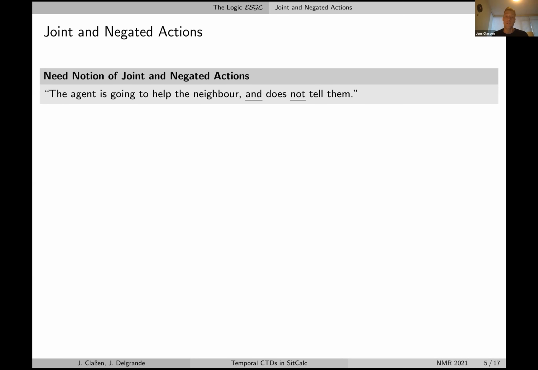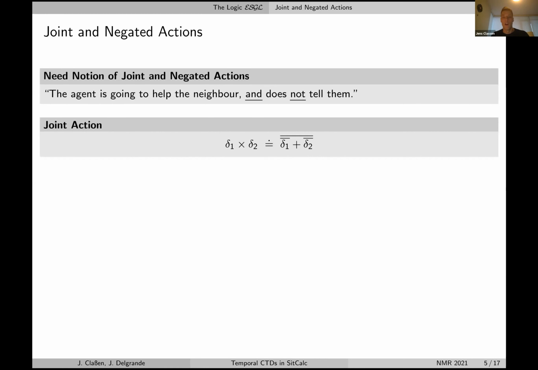So, for example, we want to express something like the agent is going to help the neighbor. So that is one behavior expressed by some program. And in addition, at the same time, the agent does not tell them. So we want to be able to conjoin these complex actions, these programs, and also negate them.